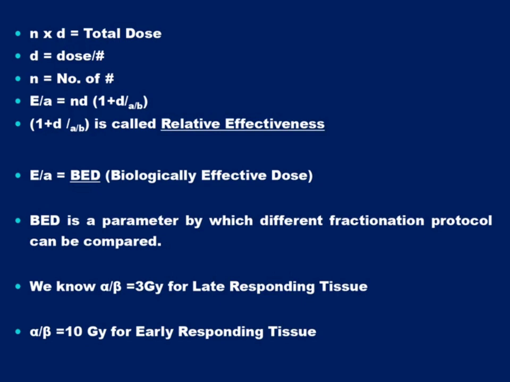Local control of a rapidly growing tumor is lost if overall treatment time is too prolonged, whereas in breast and prostate, tumor doubling time is different, 28 days and 14 days respectively.